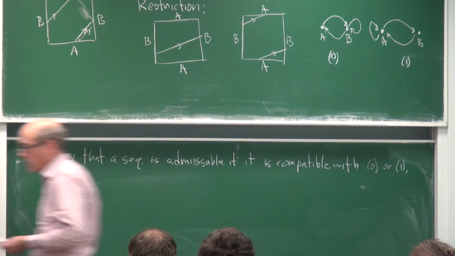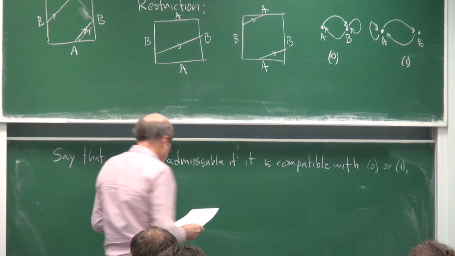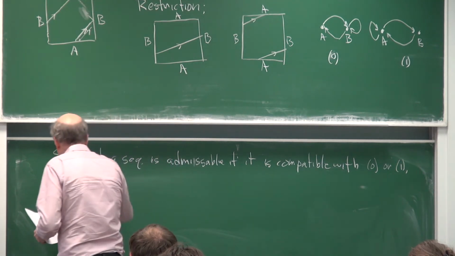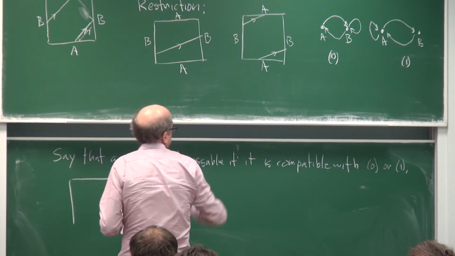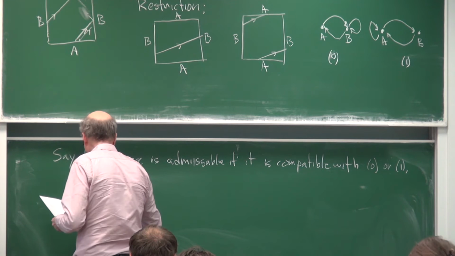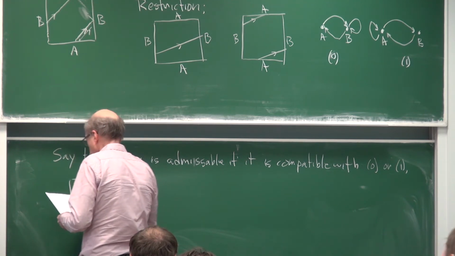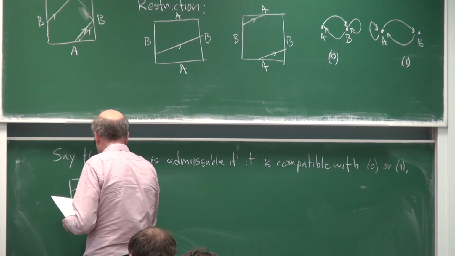Okay. Now, that gives some simple-minded conditions that have to be satisfied. But there are some more subtle conditions that have to be satisfied as well. So let's consider a sequence of type 0 here. And so the trajectory looks something like this.